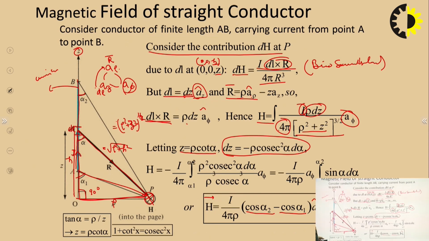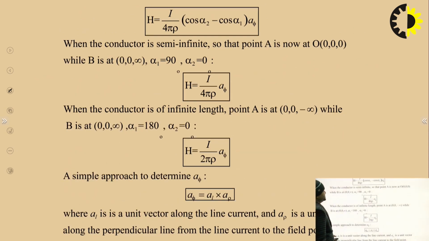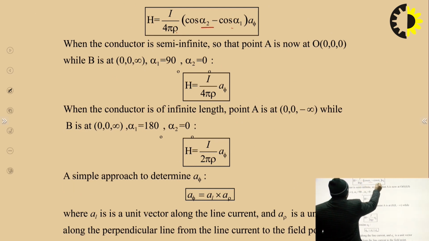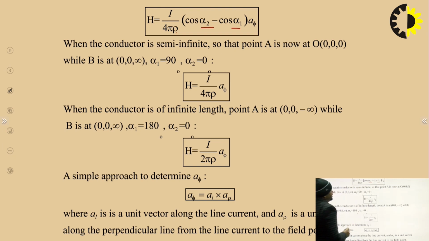So this magnetic field intensity in terms of I, rho, alpha 1 and alpha 2 is defined here. That means H is equal to I upon 4 pi rho, cos alpha 2 minus cos alpha 1, in the direction of a phi.